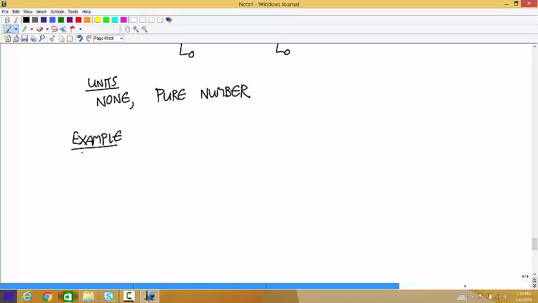So let's do an example. Let's say that we start out with a rectangular shape where the original x length is 0.01 meters and the original y length is a little less than that.